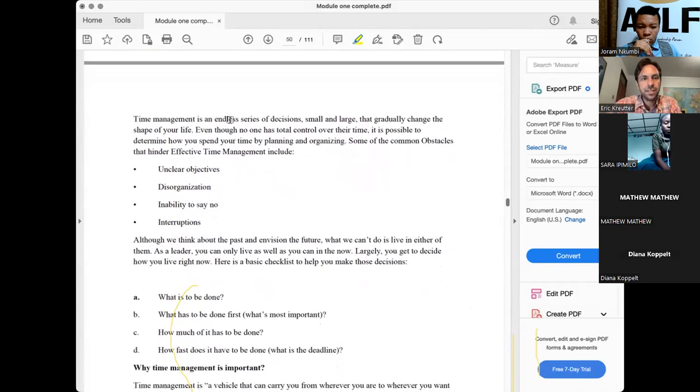Time management is an endless series of decisions, small decisions, large decisions that eventually change the shape of your life. Even something like the time you decide to wake up in the morning, that's a time management decision.